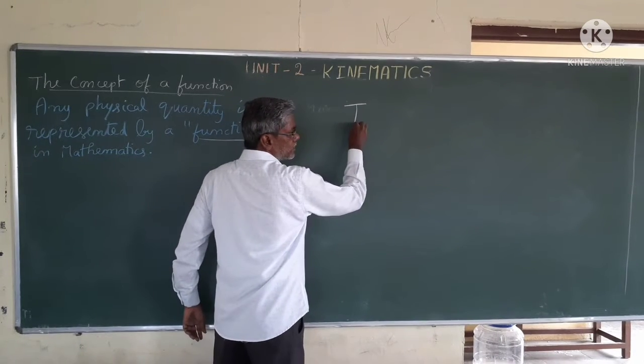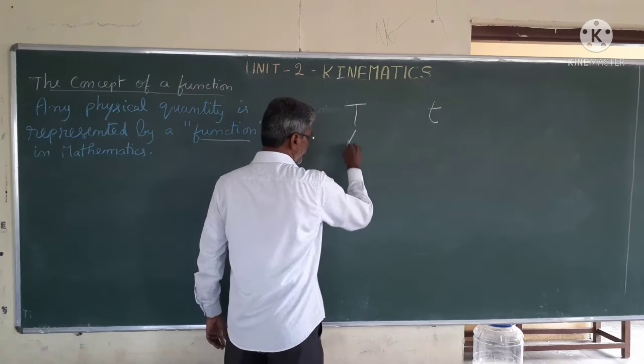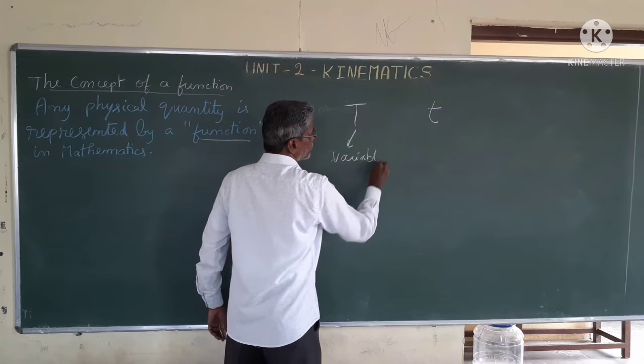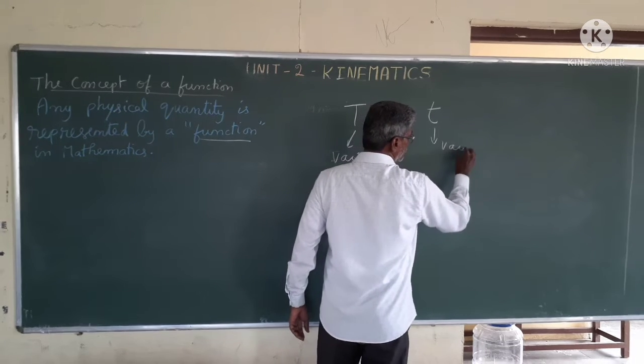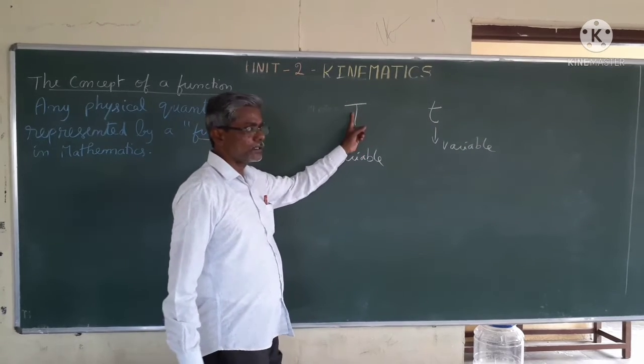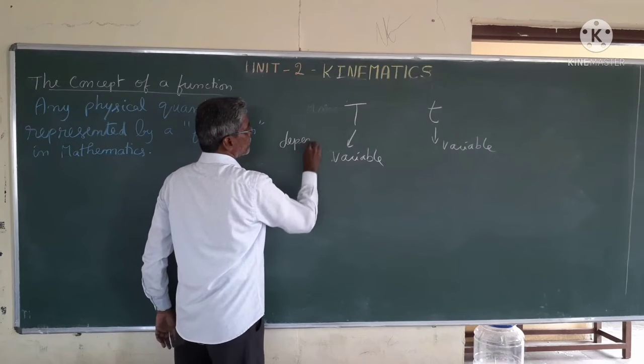Now, this temperature depends on time. That is, this temperature is a variable. The time is also a variable. This temperature depends on time, so I can call it the dependent variable.